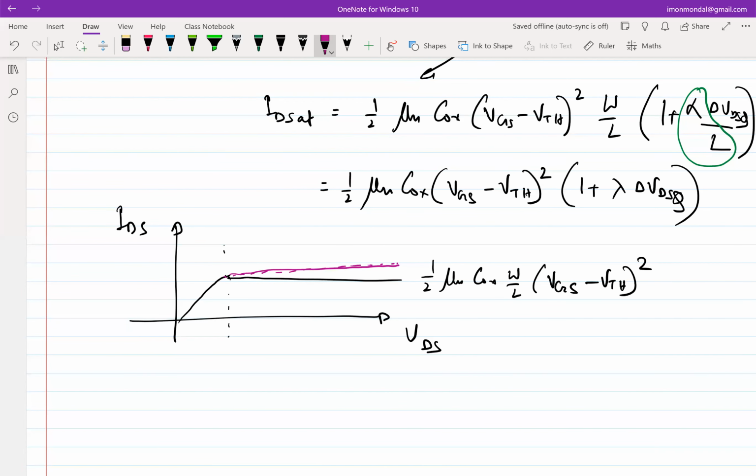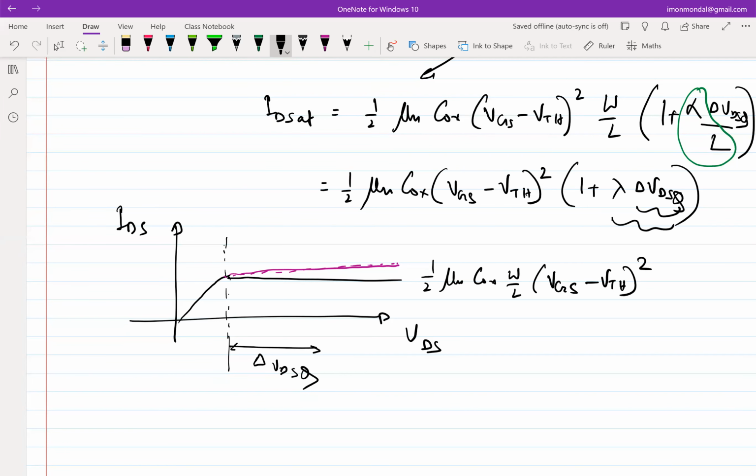And again, another approximation: this delta VDSQ is the VDS on top of the pinch off point, right? As you go higher and higher to the right, your delta VDSQ increases, so the effect of this term becomes more prominent.